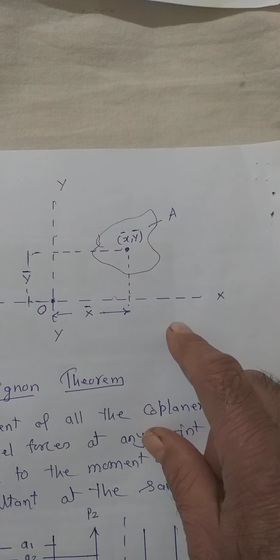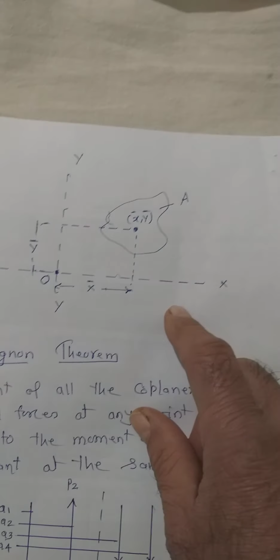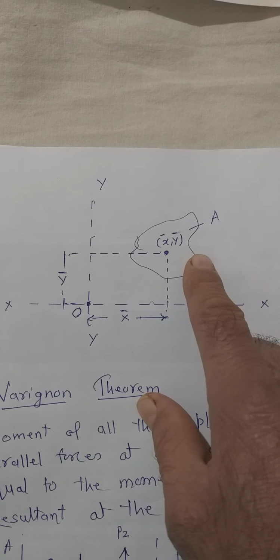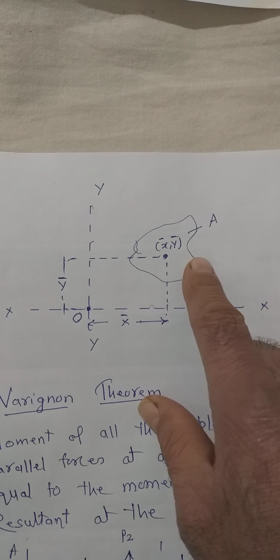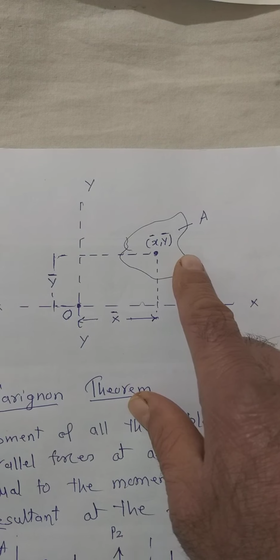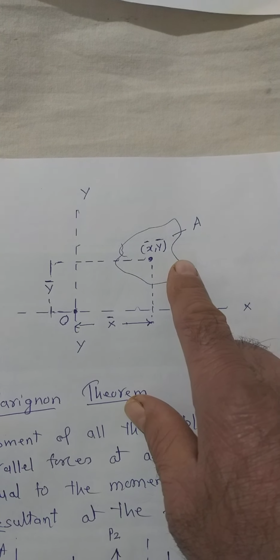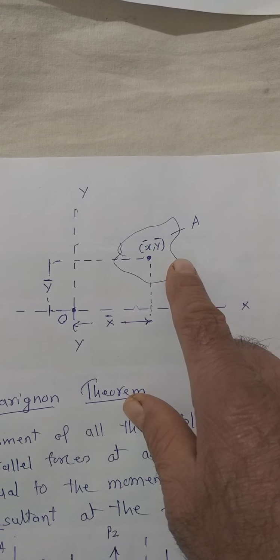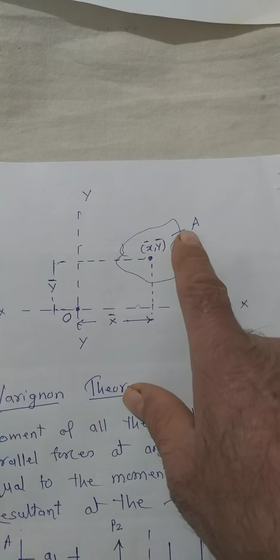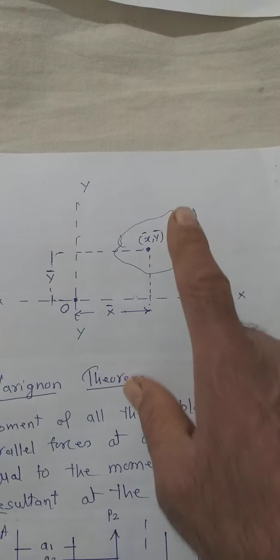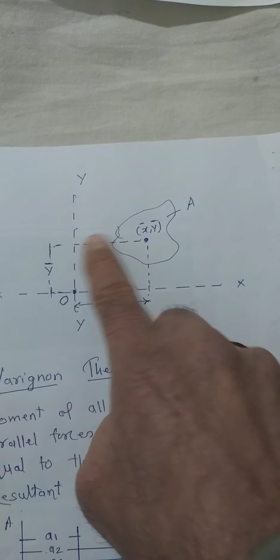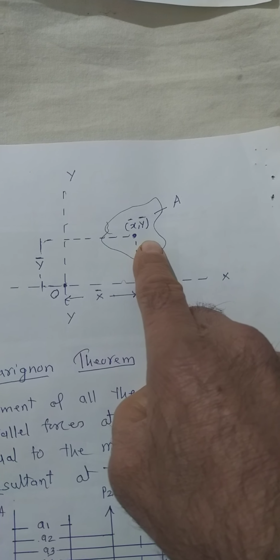X and y are generally called the coordinates, but when written in terms of x bar and y bar, it is known as the point of center of gravity. So always the capital X bar and capital Y bar is denoted as the point of center of gravity of any area. So this is your X bar, this is your Y bar, so this coordinate is X bar, Y bar.